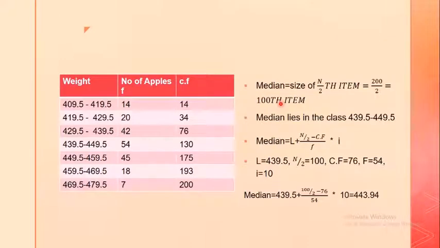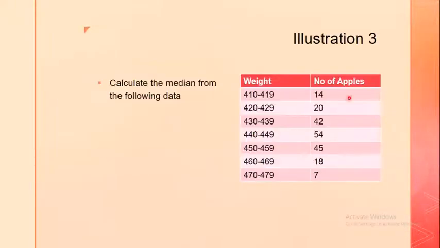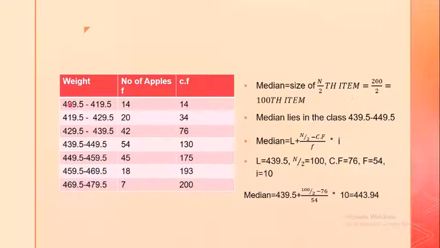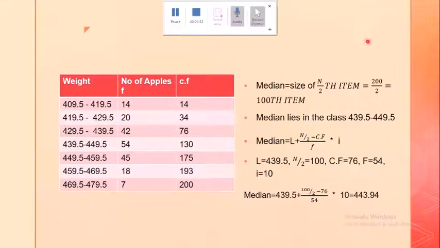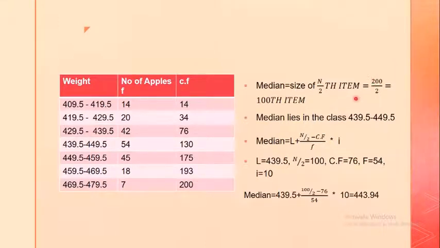So I'm going to write down the classes as 409.5 to 419.5, 419.5 to 429.5, etc., up to 469.5 to 479.5, and the corresponding frequencies. Then I will calculate the cumulative frequency. Later you can apply your formula. First you have to find out the median, that is the size of the N by 2th item.